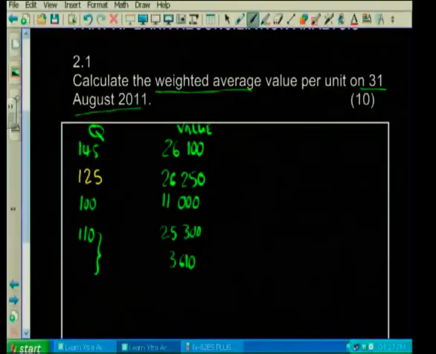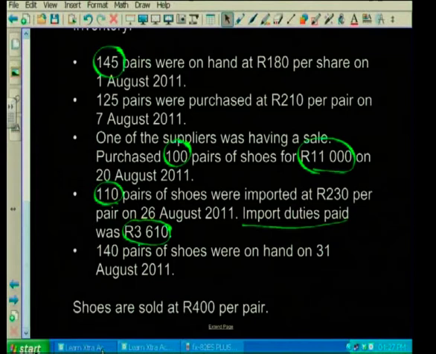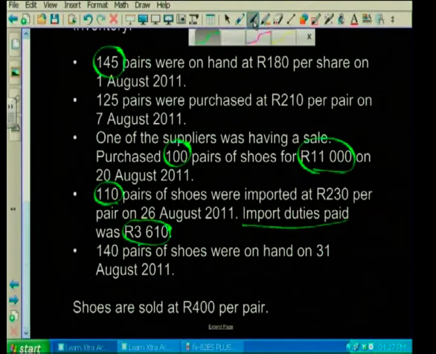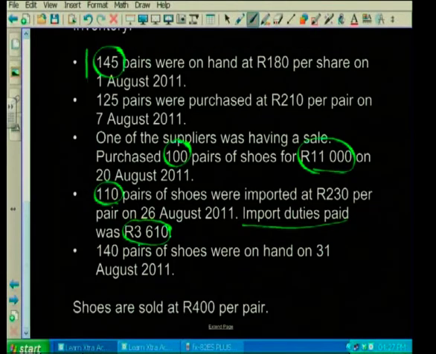In other words, you have to bring in any charges that were incurred on our purchases. Clear? Great stuff. So, I have now taken into consideration all the items that I have purchased.